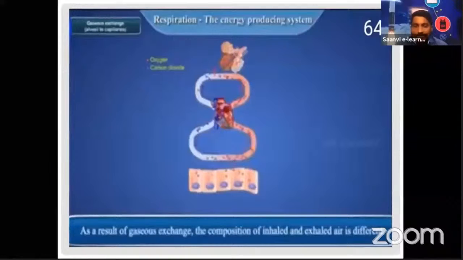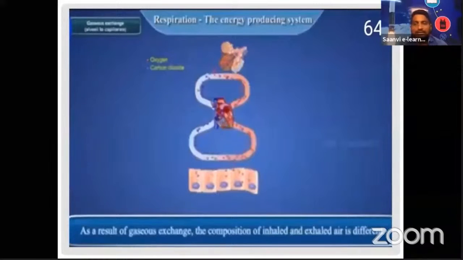As a result of gas exchange, the composition of inhaled and exhaled air is different. The percentage of nitrogen, oxygen and carbon dioxide differs between inhaled and exhaled air. Nitrogen we can expect to be the same, 78% in inhaled air and 78% in exhaled air, but there is a change in oxygen and carbon dioxide.